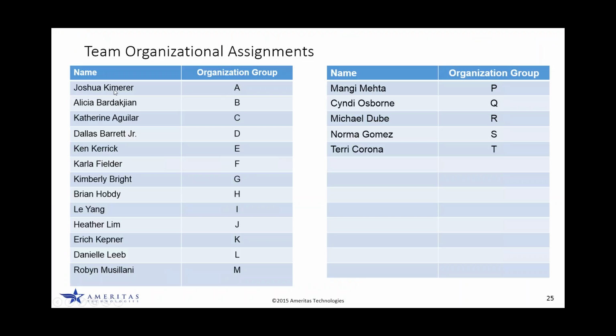So Josh, if you're assigned to A, you can hire into all the A positions. Alicia, you've got all the B positions and so forth. So everybody should have their own set of positions that they can hire into. Okay, and Mangi and Ken and Robin, we've got you in there as well if you'd like to have a go.